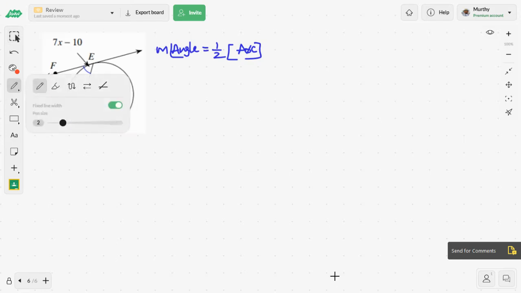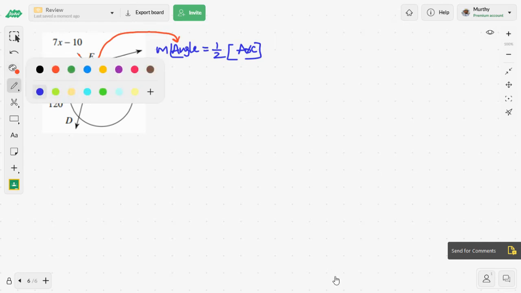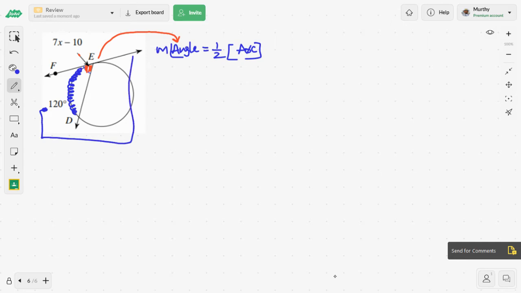Here, I know that this is the angle. So this value should go here. Okay. And I know that this is the measure of arc. Therefore, this value should be plugged in here. So once you can identify, don't hesitate to draw these kind of lines, it's fine.